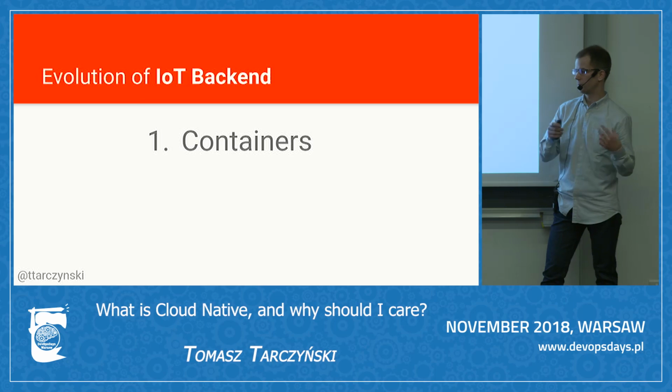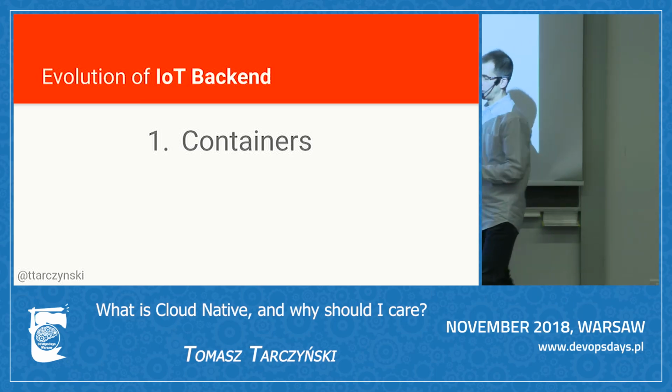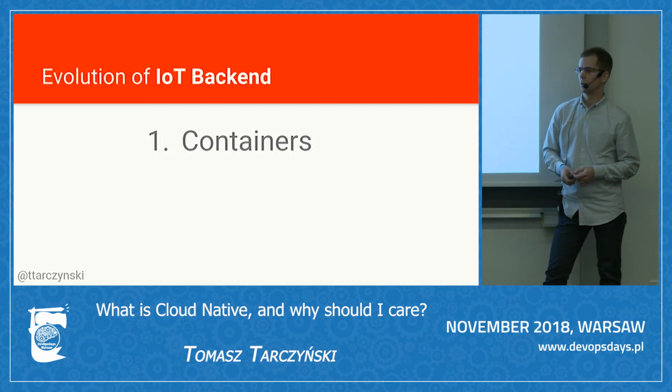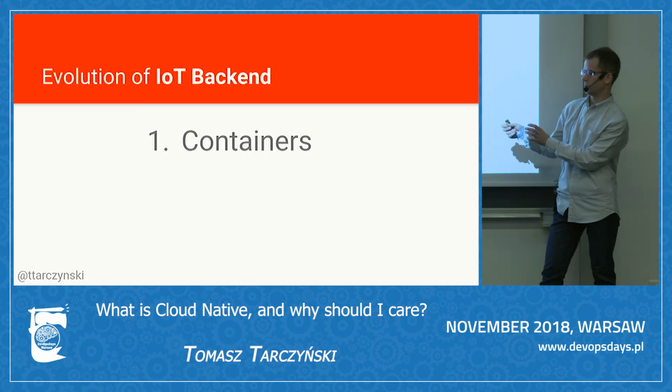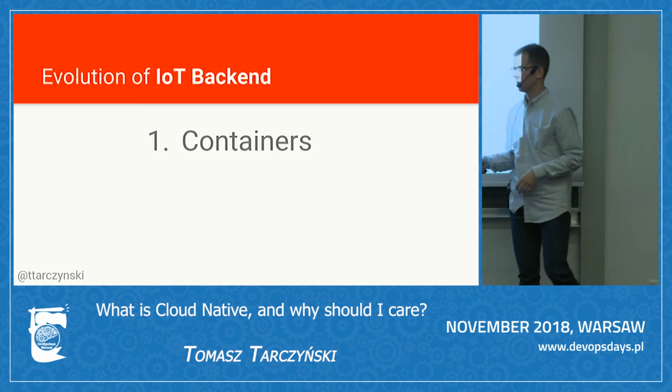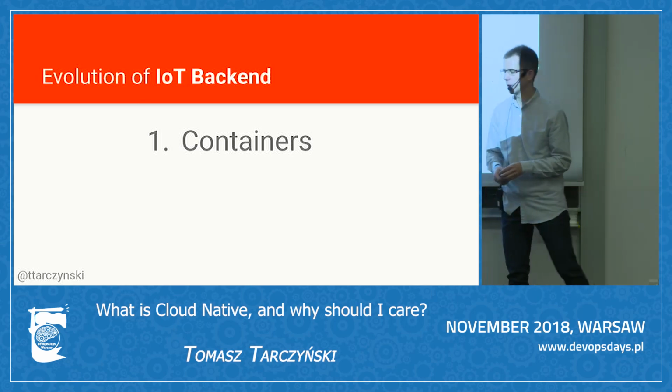We moved from that to Docker containers, to have a standard packaging format, to have those containers take care of dependencies, to have this immutable artifact deployed on our environments.